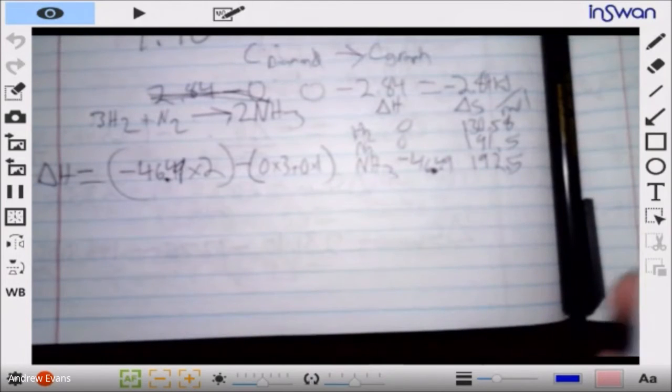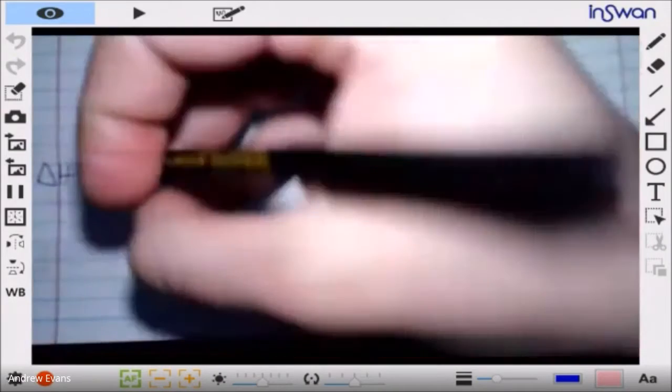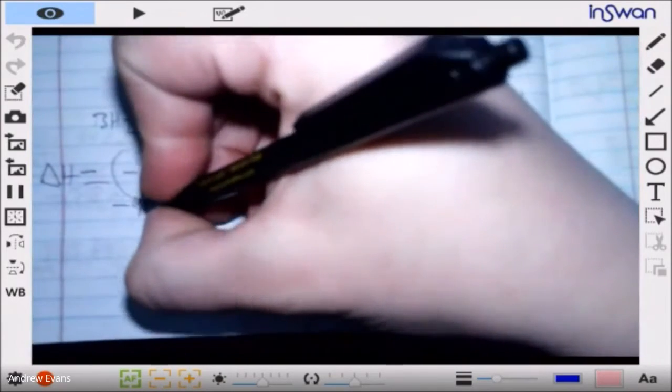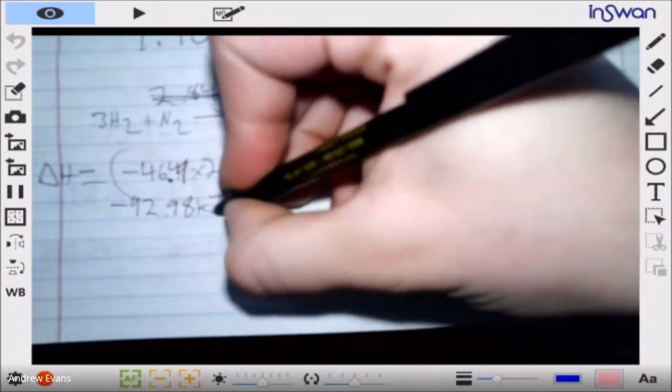So negative 46.49 times 2, the delta H is negative 92.98 kilojoules per mole.